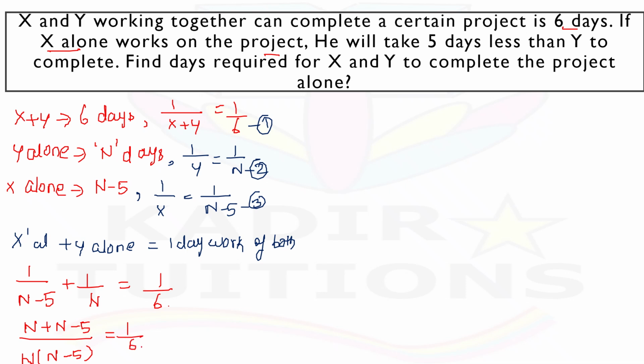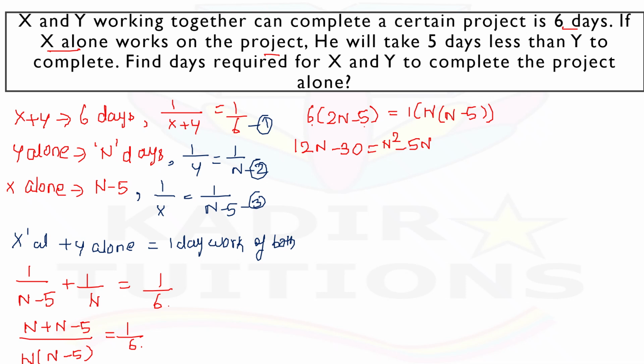If you do the cross multiplication, 6 into (2n minus 5) equal to 1 into n into (n minus 5). Now we are going to do the simplification. 12n and 6 into 5 is going to be minus 30, equal to n square minus 5n.